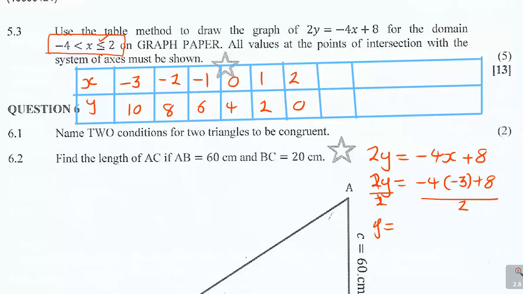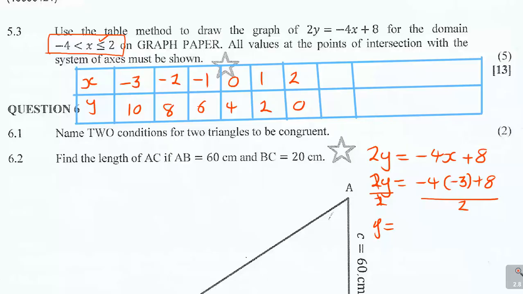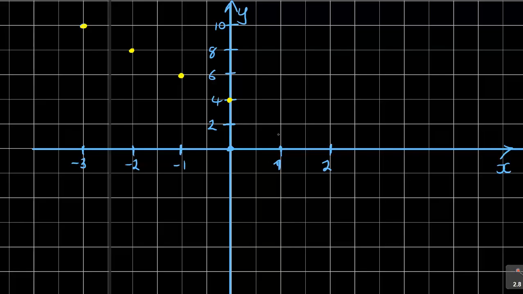Let me just repeat again. I said when x is 1, y is 2. Now when x is 2, y is 0. Yes, that is an error there. When x is 1, y is 2. The point is there.